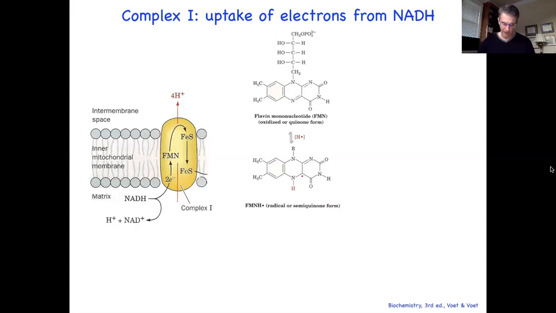The other nitrogen will take up one proton and one electron to generate the so-called radical or semiquinone form of that isoalloxazine ring. The second addition will then happen to that aromatic nitrogen over in this diketone ring, to now fully reduce the molecule to the hydroquinone or FMNH2, right?